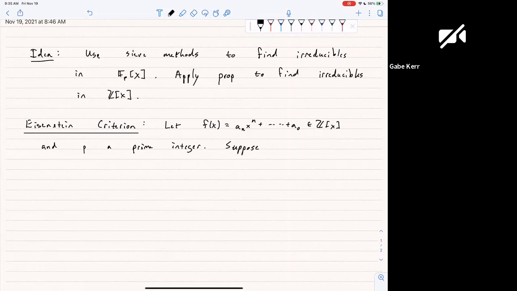Suppose, one, that a_n is not congruent to 0, we'll say not divisible by p. Two, a_k is divisible by p for all the other coefficients, so for k greater than or equal to 0 and less than n.